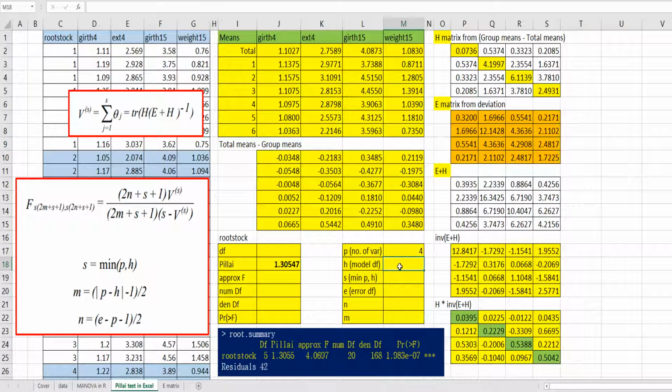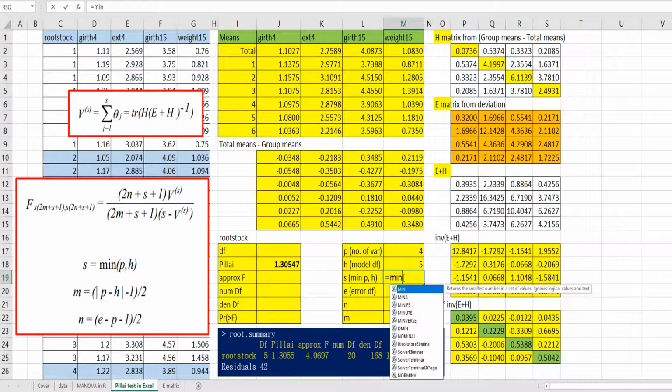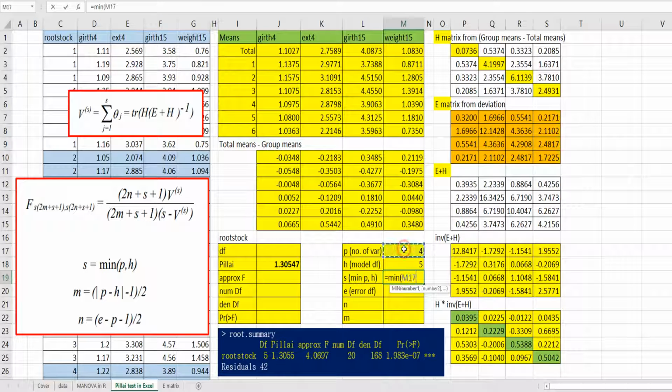So it should be 5, and s is the min of p, comma, and h. Okay, and e, the error degrees of freedom, is 48.